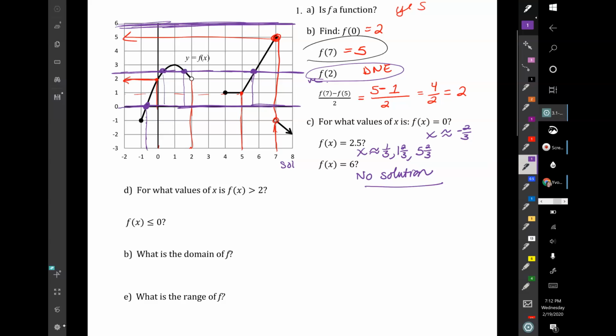Part D, for what values of x is f of x greater than 2? So now we need to look at where 2 hits, which is, I'm going to use this rust color. So we have 2 going across in that kind of rust color, orangey color.